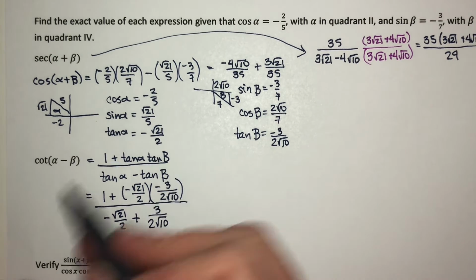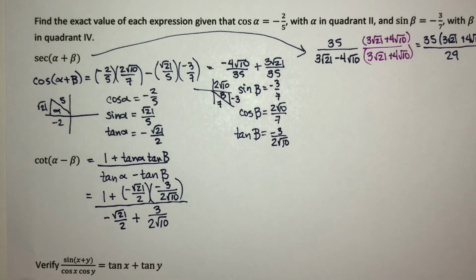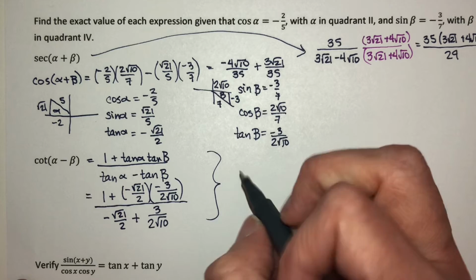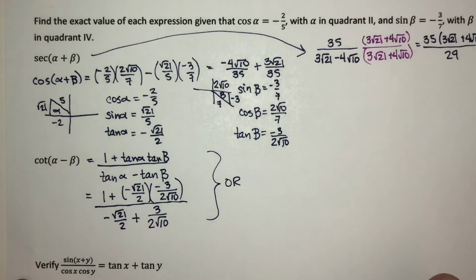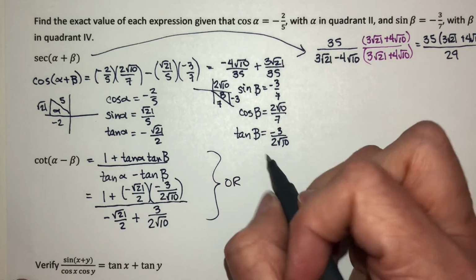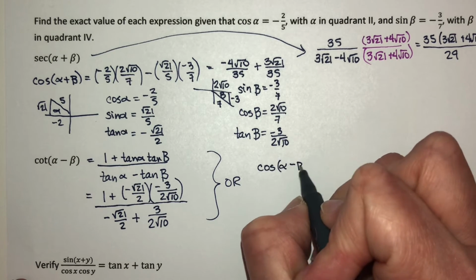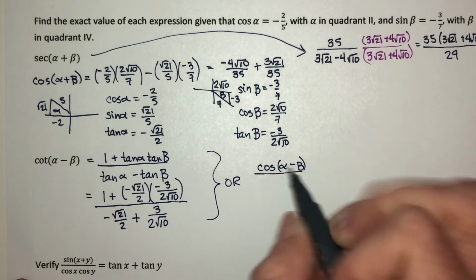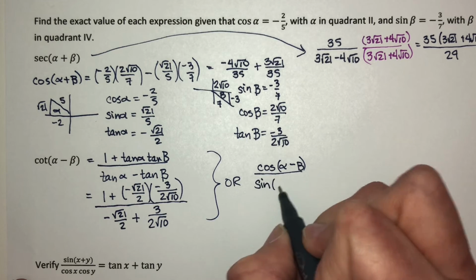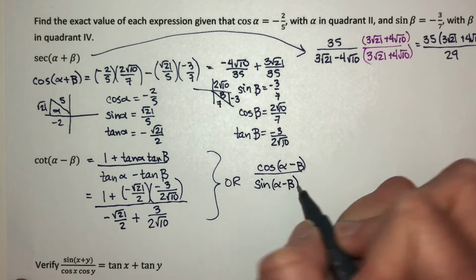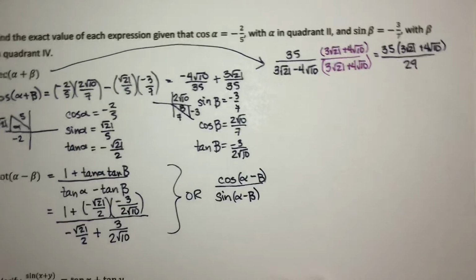Okay, now you could do it this way, and that works perfectly well, and you could work on this and get it to be prettier. Or we could rewrite this as cosine of alpha minus beta over sine of alpha minus beta, and then use those two formulas.